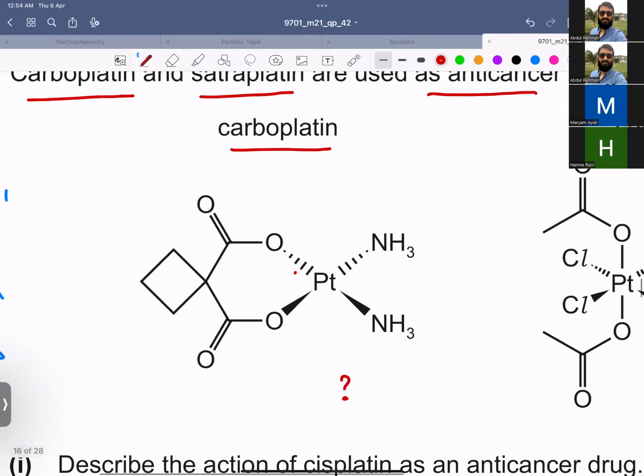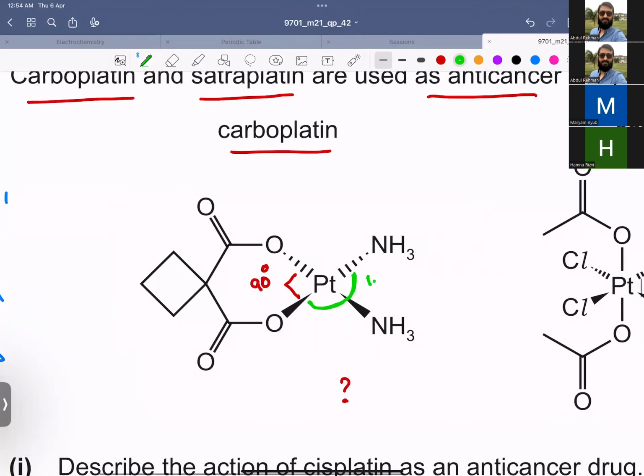Tell me what is the bond angle between these two bonds? 90 degrees. And what is the bond angle from here to here? 180 degrees. So if I have to bond two ammonia molecules at 180 degrees, it is possible because these are different molecules.